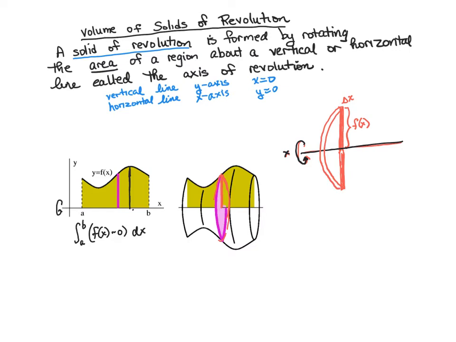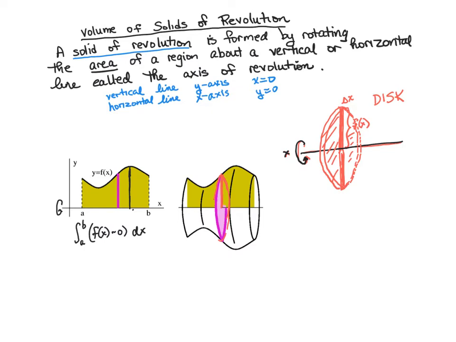And then as we swing this rectangle back behind the paper, we have another circle, which has a very, very small edge. And this is all solid. This is called a disk.